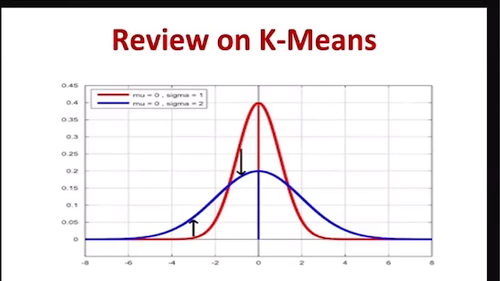Crime can overlap between downtown Minneapolis and around University of Minnesota. In a situation where there's overlapping, the clustering is not going to do a great job. And that's why we need a mixture of Gaussian distributions that will allow some kind of overlapping.